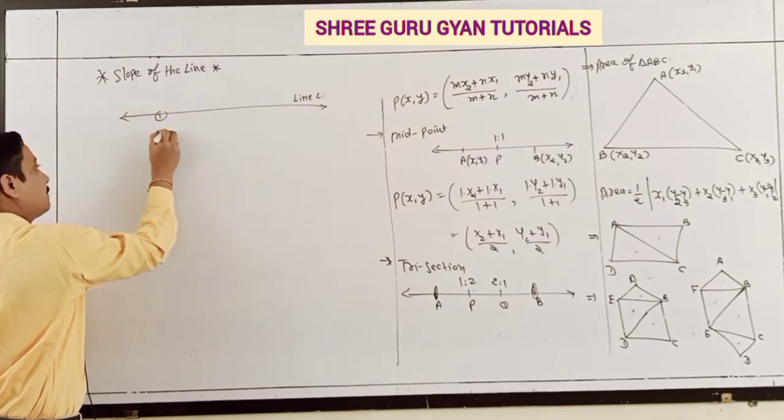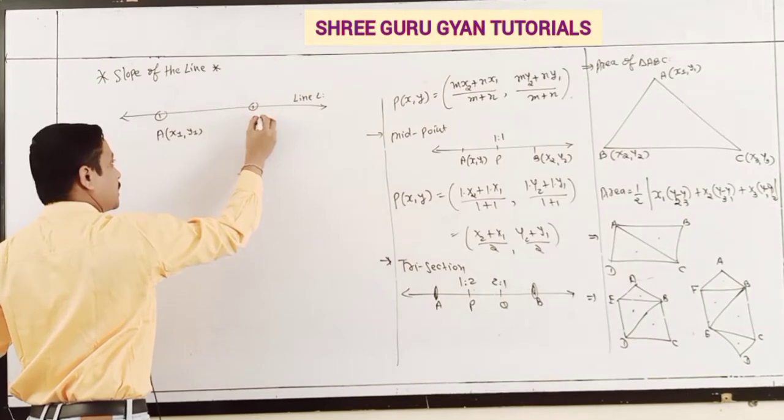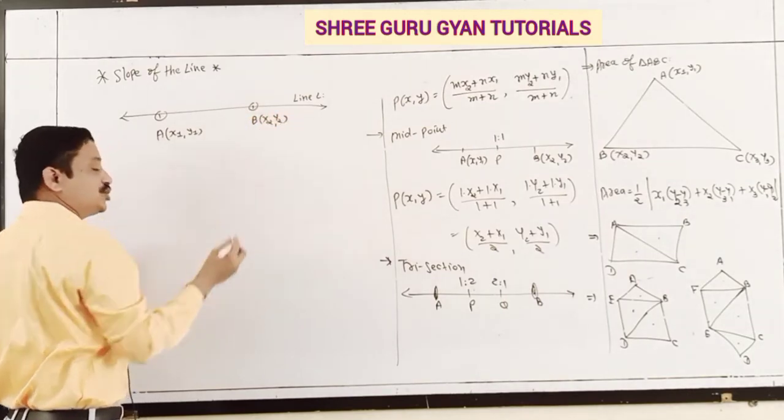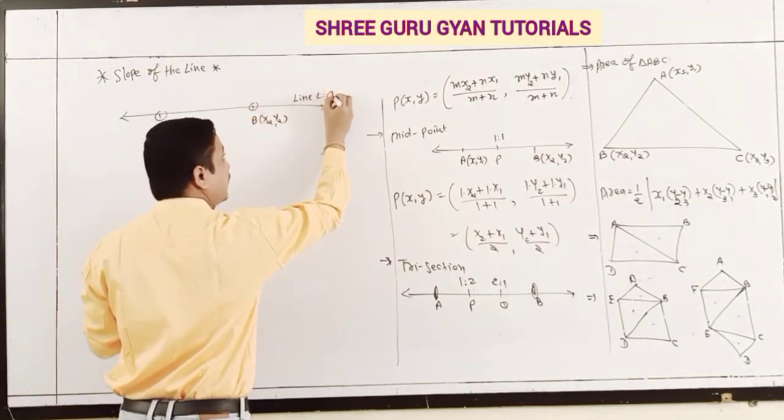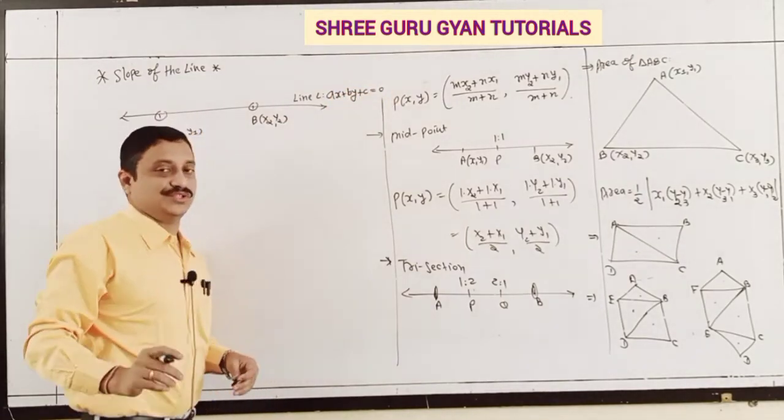Point A, x1 y1, point B, x2 y2. And the general formula of the line you also know by heart, ax plus by plus c is equal to 0.